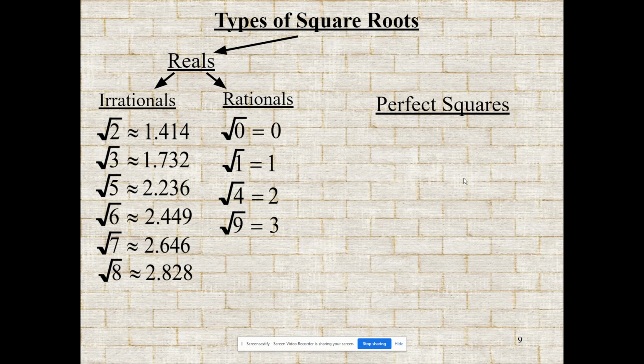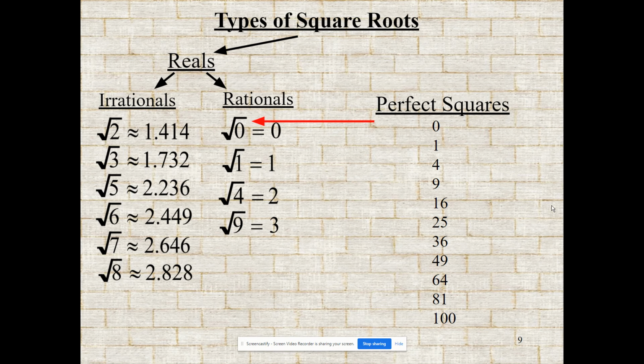Now, we talked in the last video about perfect squares being the only square roots that are rational. You've got 0, 1, 4, 9, 16, 25, 36, 49, 64, 81, 100. Get to know your perfect squares. That'll save you a whole lot of time in the future.